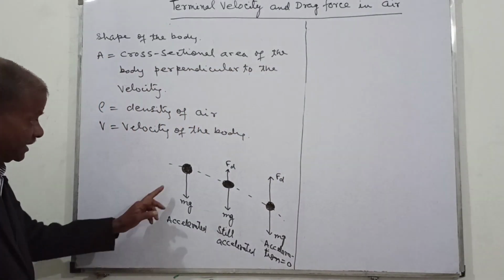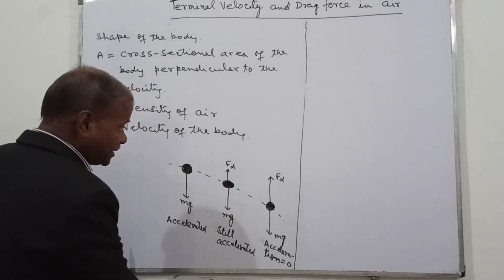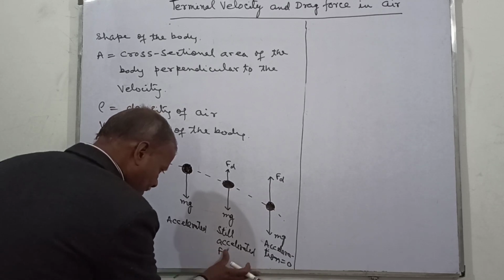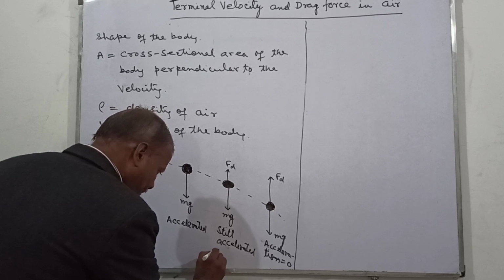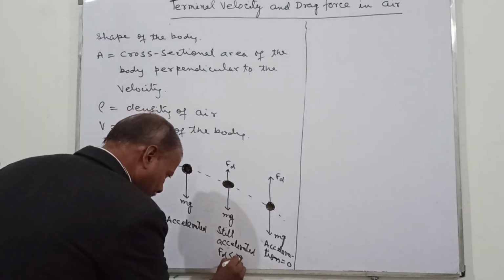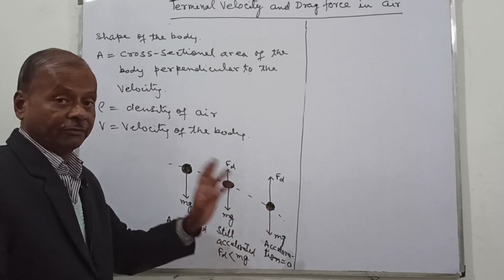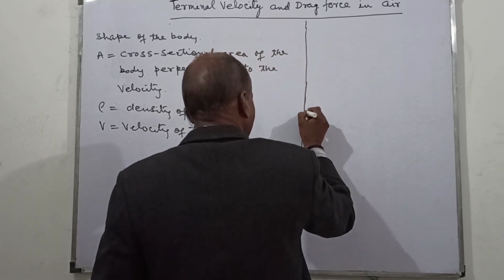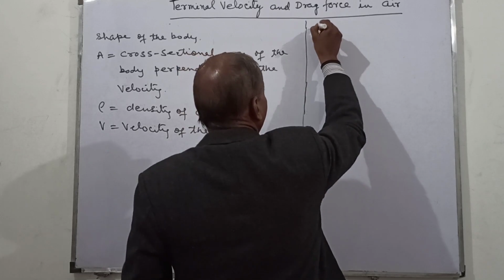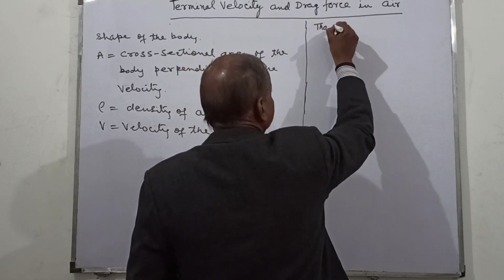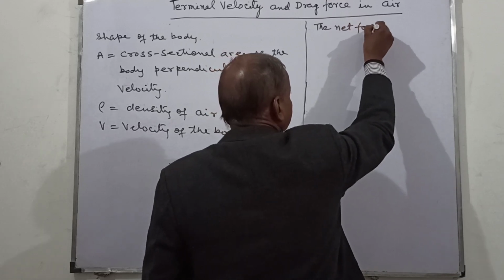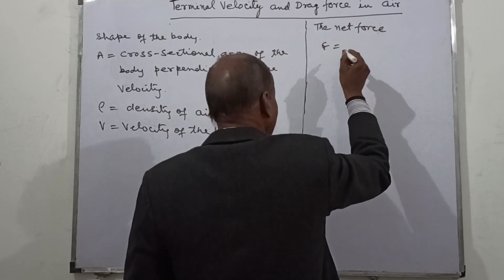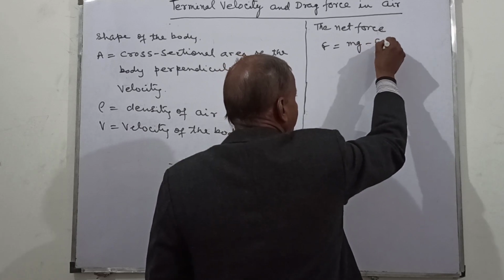Now here only the weight is acting, and in this condition FD is less than mg, and here both become equal. So the net force F is equal to mg minus FD.